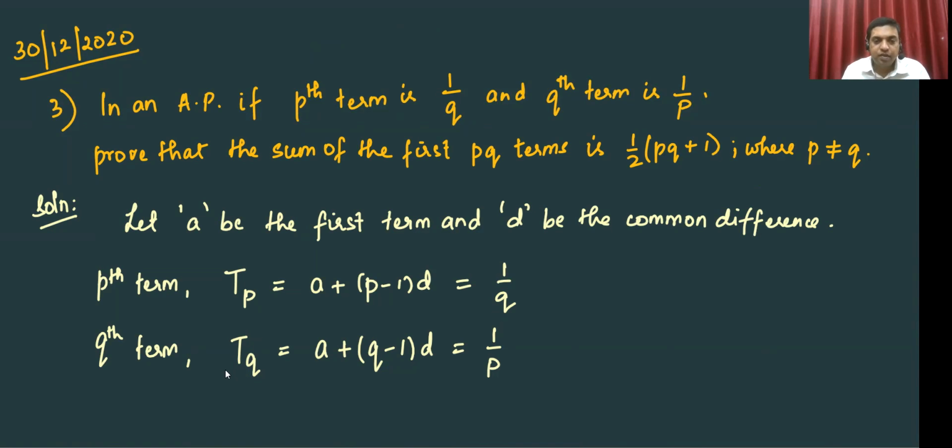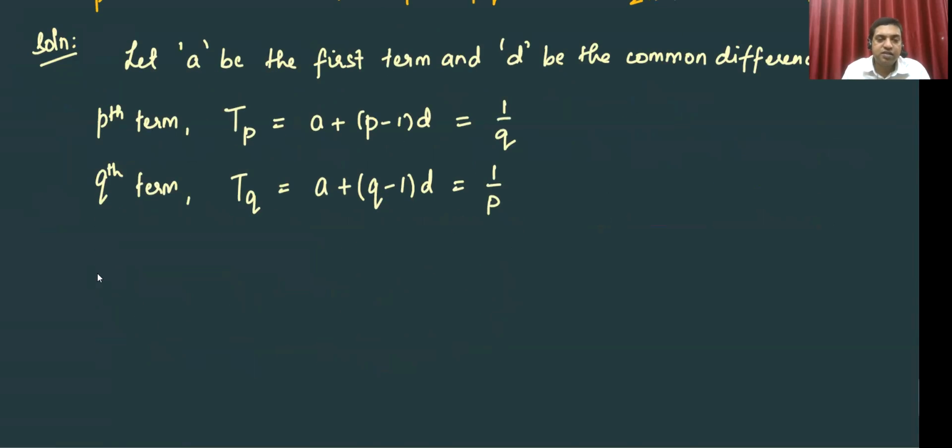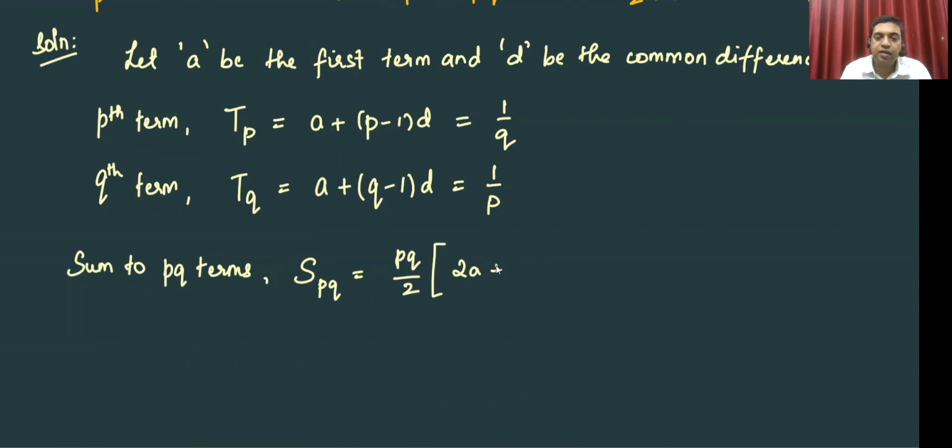Now we want to find the sum to pq terms. Sum to n terms is n by 2, so pq upon 2 into 2a plus pq minus 1 times d.